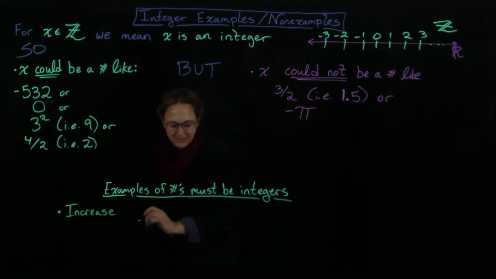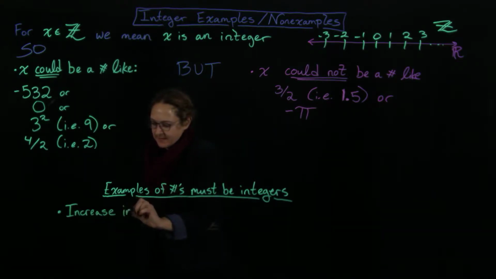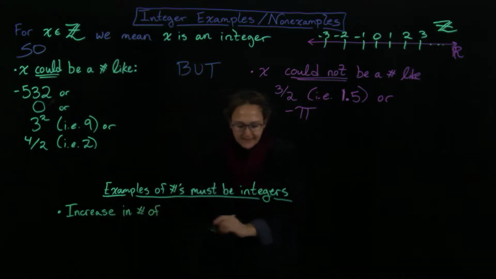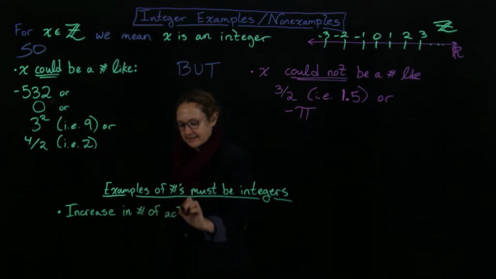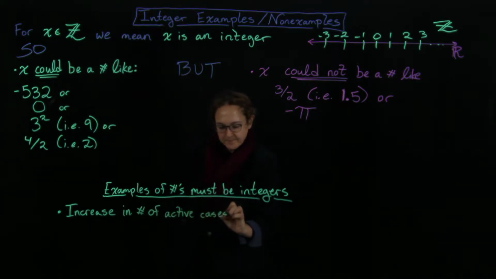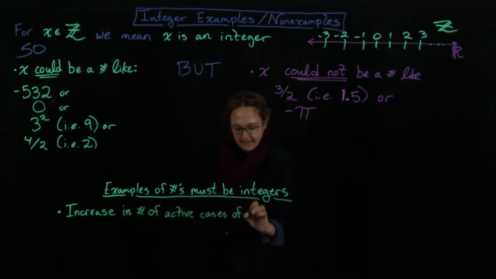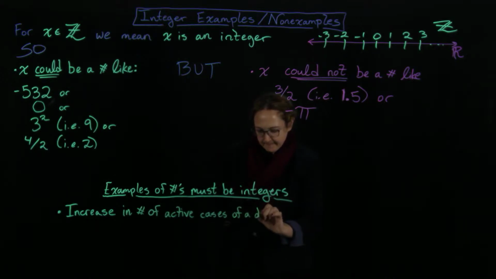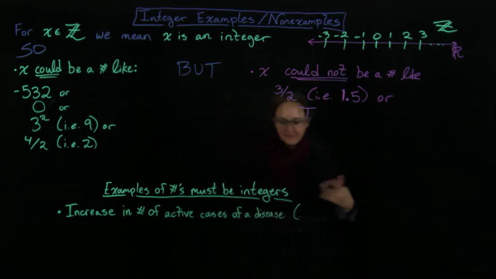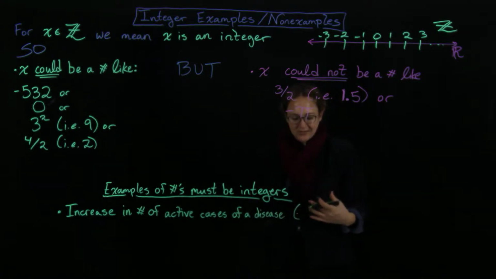So an increase in the number of active cases of a disease. In this circumstance, as I've mentioned multiple times, if it decreases, the number is negative.